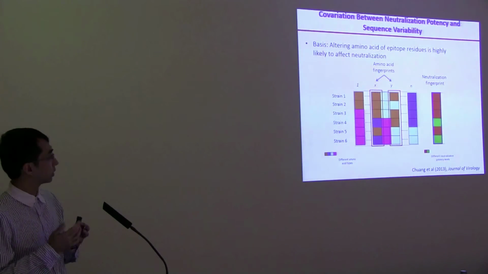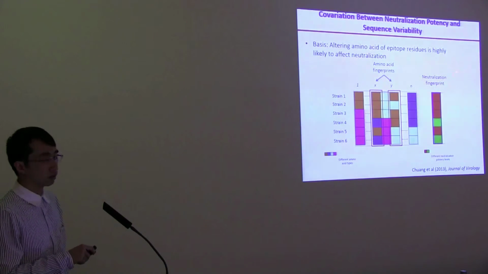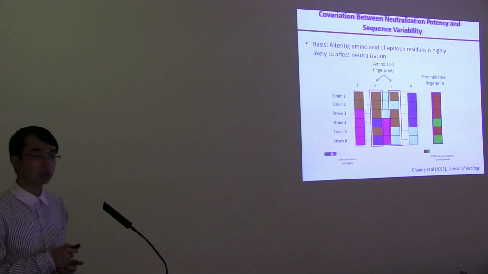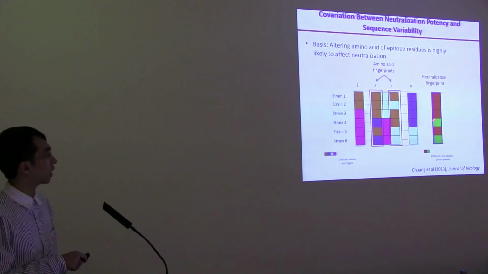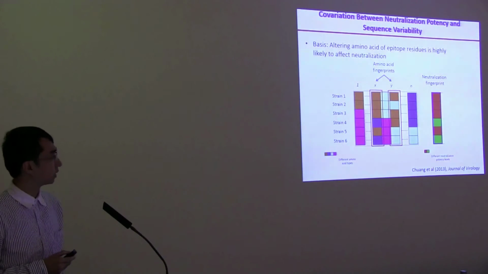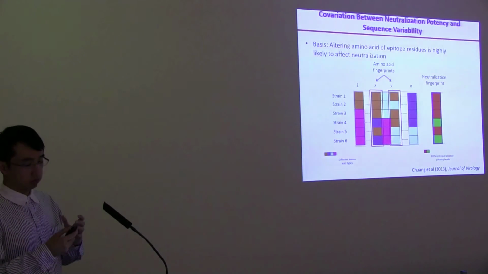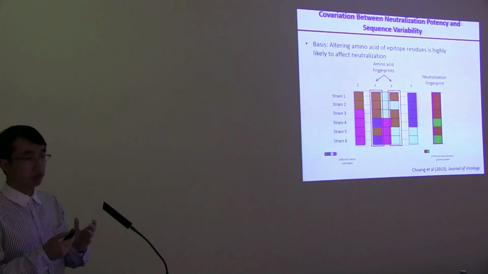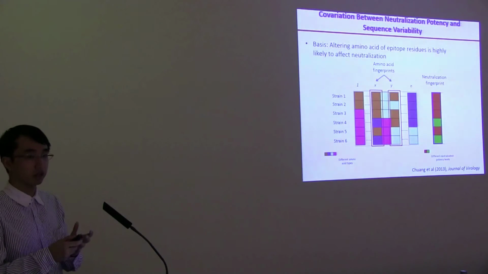So if you alter the epitope positions, it will affect it. Actually, binding probably makes more sense in this case than neutralization. It's just that we have neutralization data in hand, and we usually don't do a panel of binding analysis. But the epitope is a place where the antibody binds. So theoretically, if you have binding data, it actually has a more direct effect than neutralization.